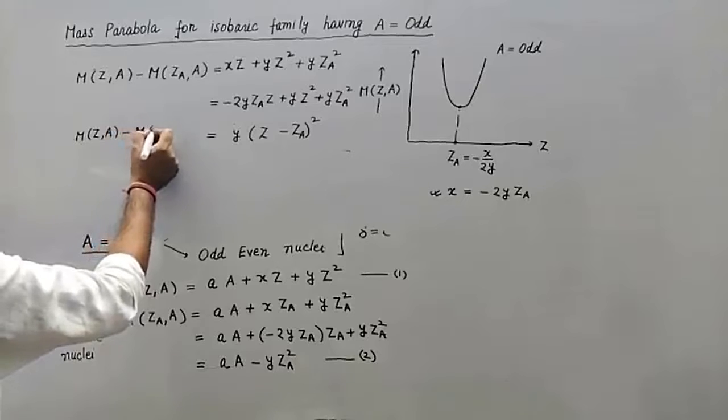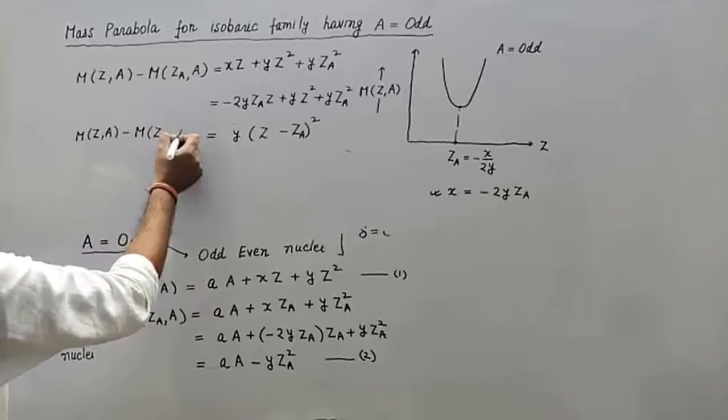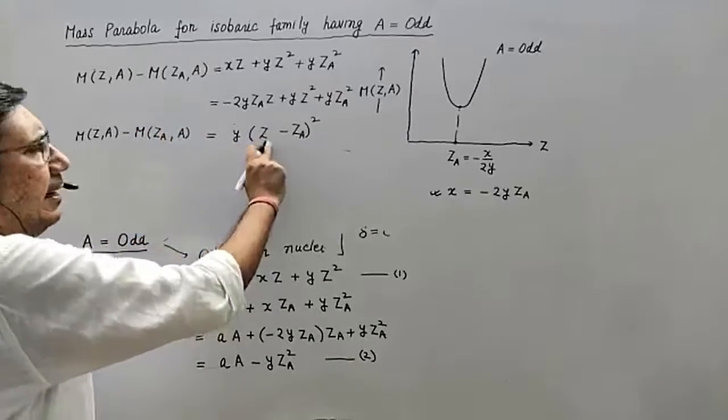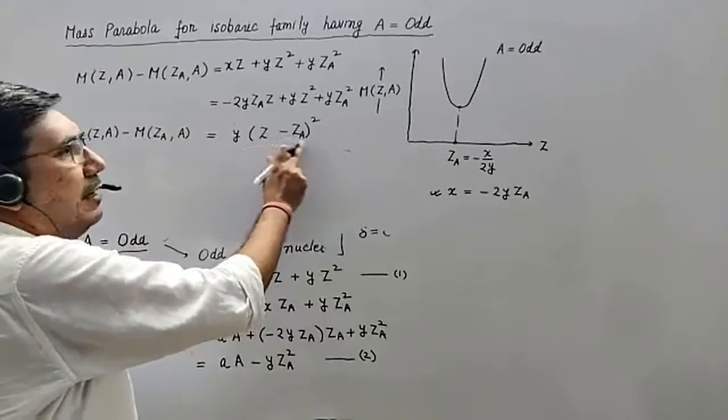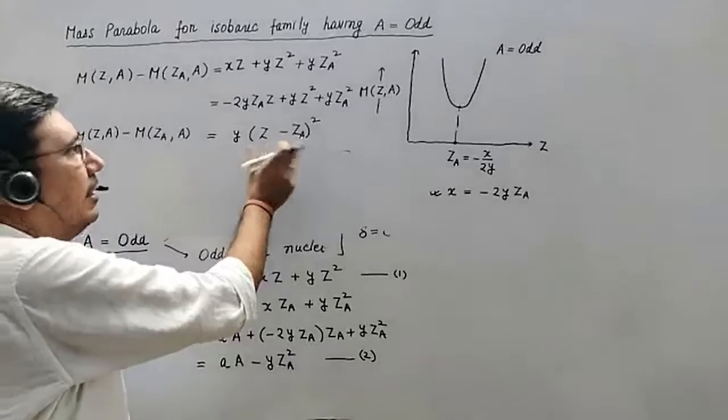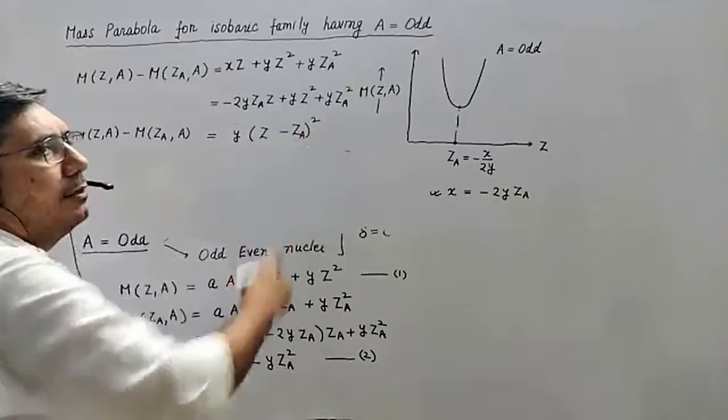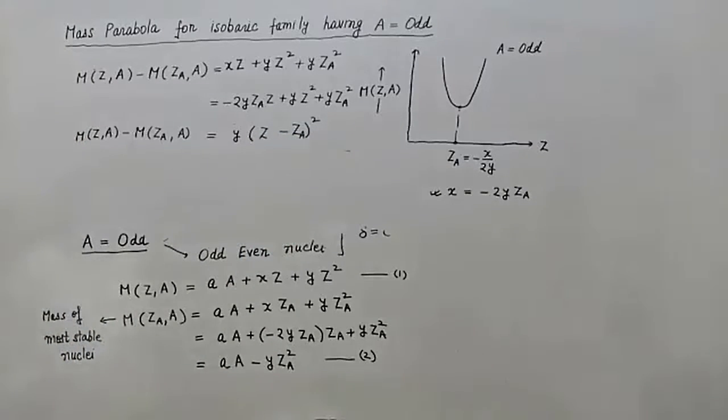Z can be less than ZA or greater than ZA, but because the square will give the same numerical value, it will remain the same.